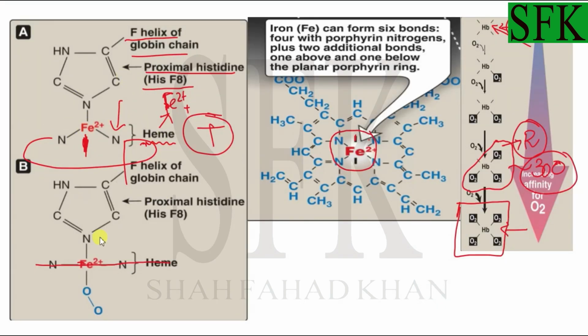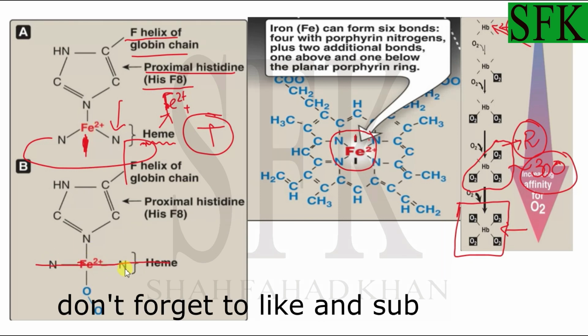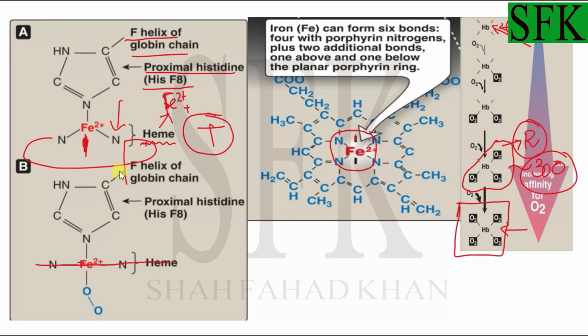This ferrous ion, once it binds to the oxygen, will move into the plane of the protoporphyrin IX, and once it moves into the plane, this histidine, the F8 proximal histidine, which is attached to the ferrous ion through a covalent bond, interacts with the remaining globin chain and causes the globin chain to move, hence breaking some of the polar bonds.